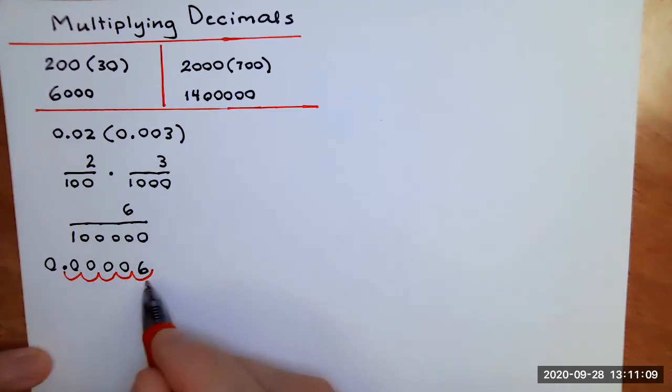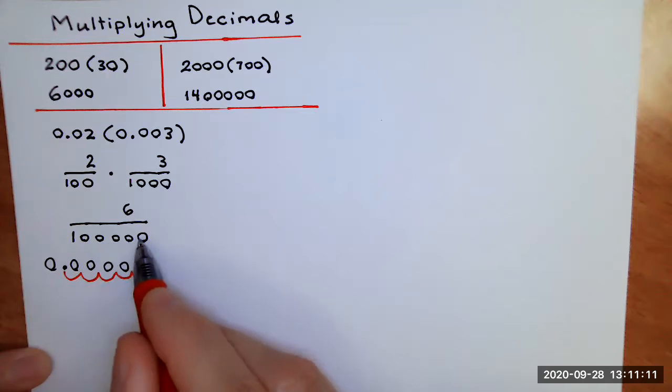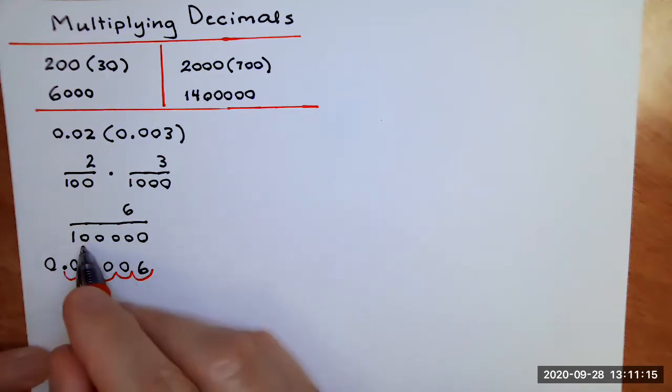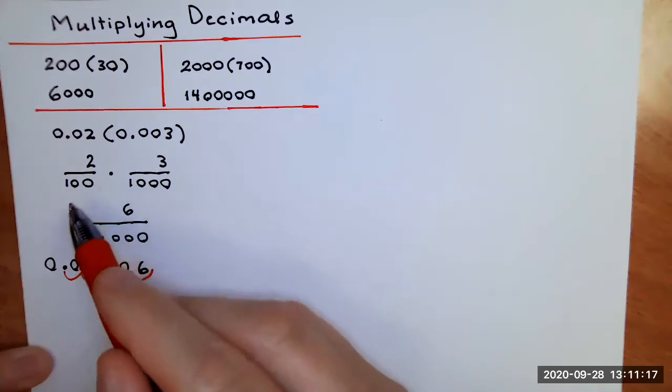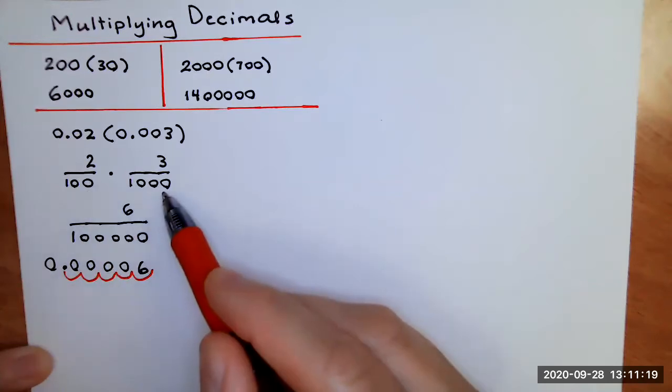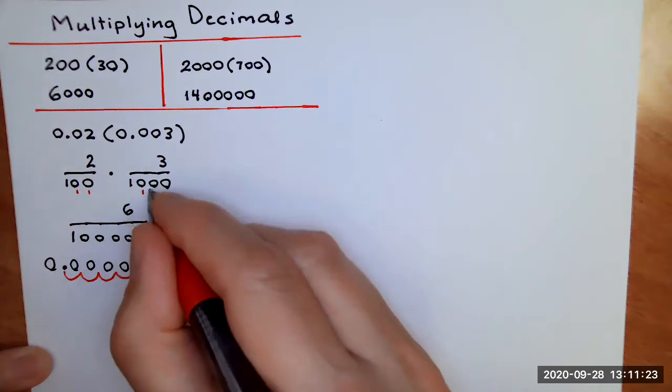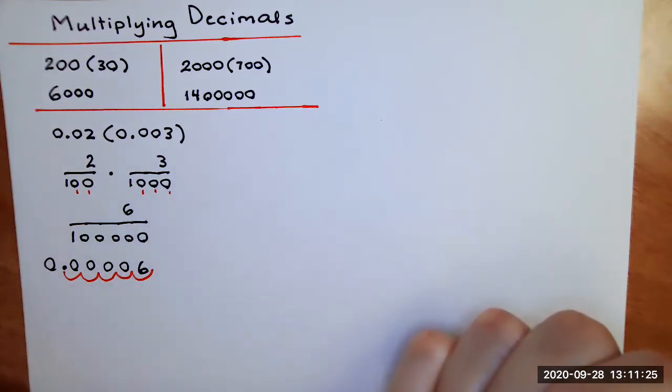So we moved it 5 times because there's 5 zeros in the denominator. Where did those 5 zeros come from? Well, it's from multiplying 100 by 1,000, which had 2 zeros and 3 zeros.